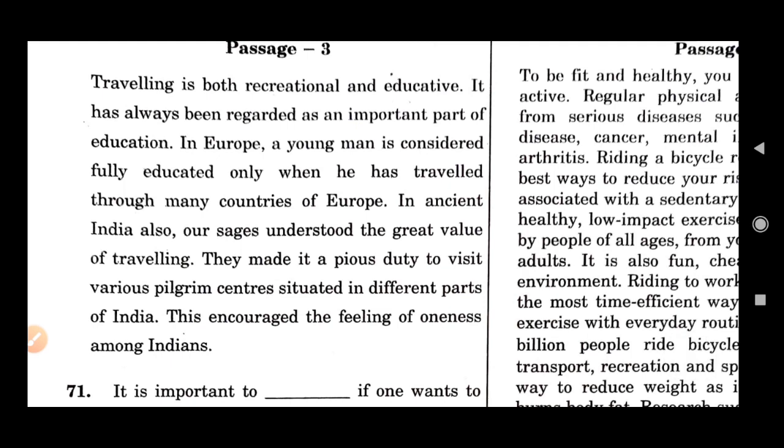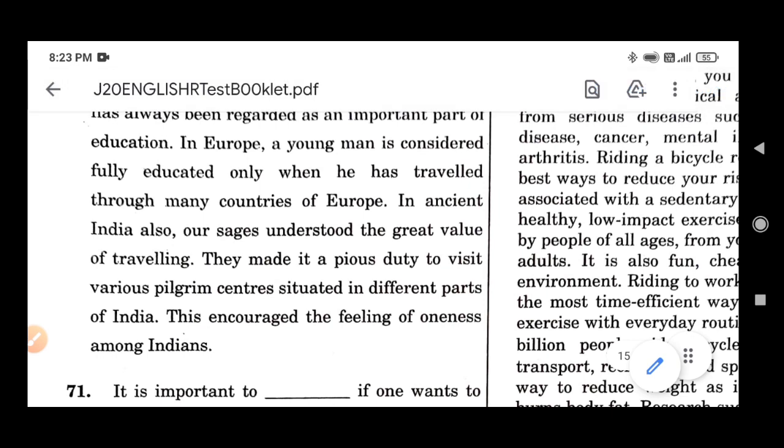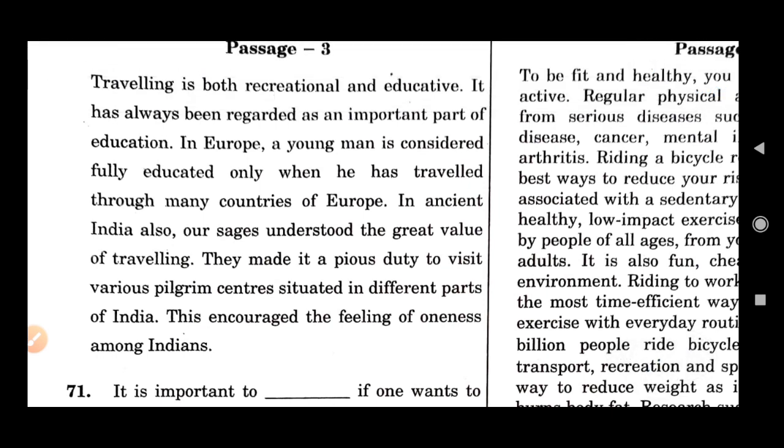Traveling is both recreational and, see here, in that way, already I told you friends, we need to read the passage once, twice or thrice, so that we can grasp the knowledge of the passage.